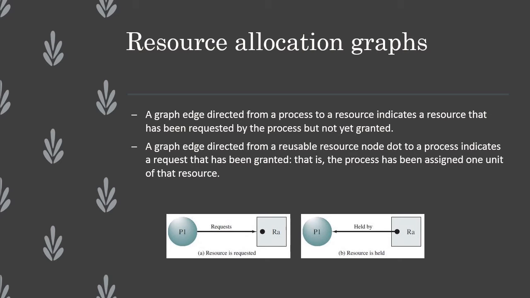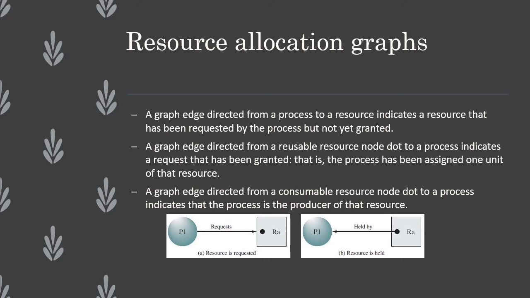That is, the process has been assigned one unit of that resource. A graph edge directed from a consumable resource node dot to a process indicates that the process is the producer of that resource.